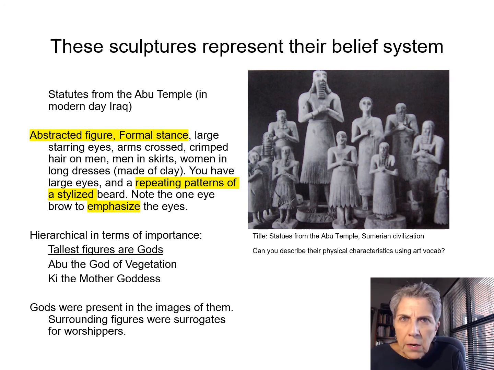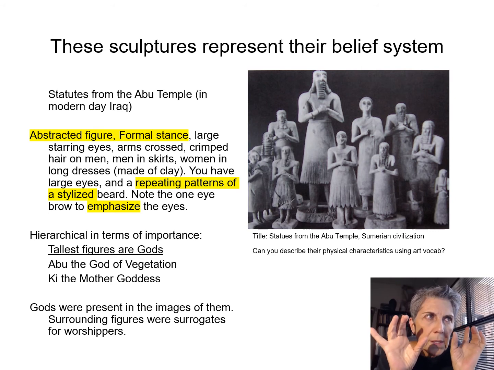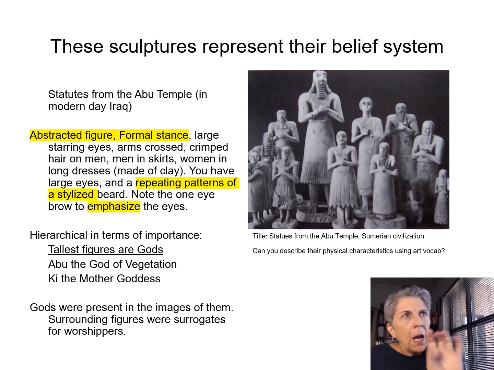They have large staring eyes. Oftentimes there's stones in their eyes or shells, and they have one brow. That one brow is to bring focus towards the eyes, the window of the soul. And so the guys are wearing skirts, bare-chested, and the women are standing there with a dress on.